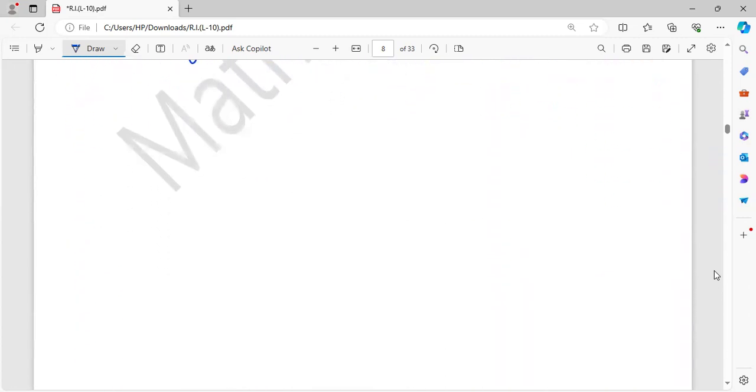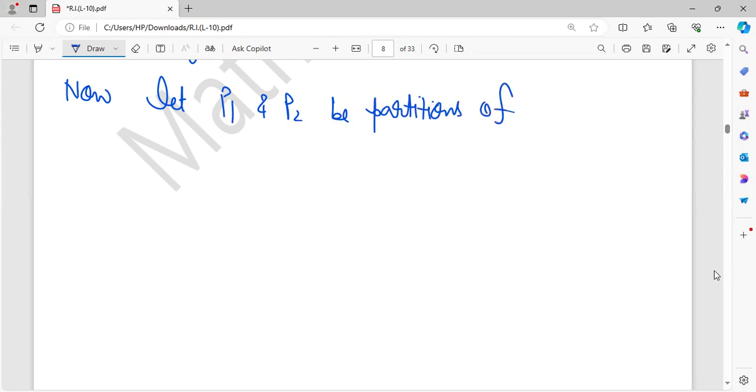Now let P be a partition of closed interval AB.